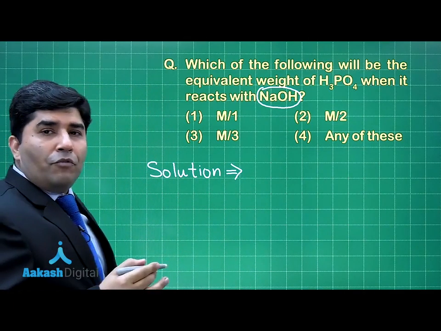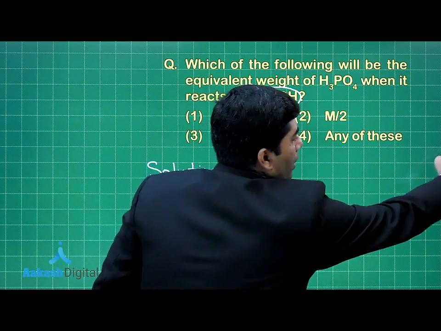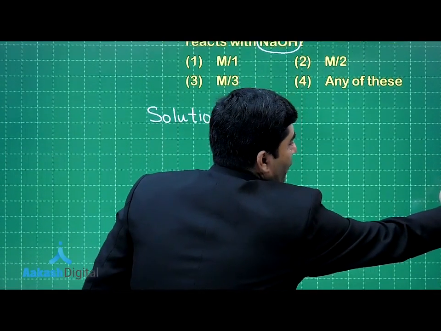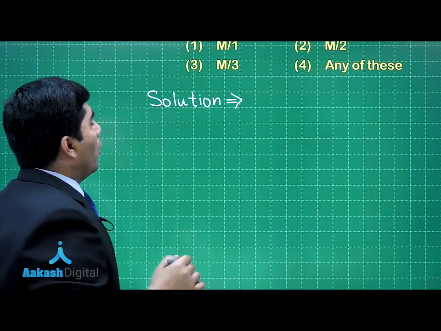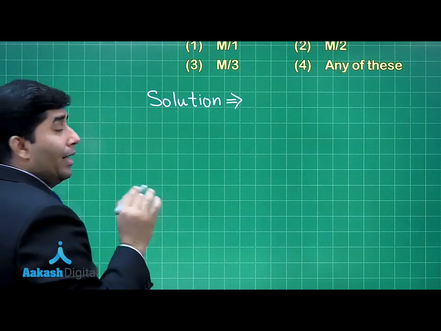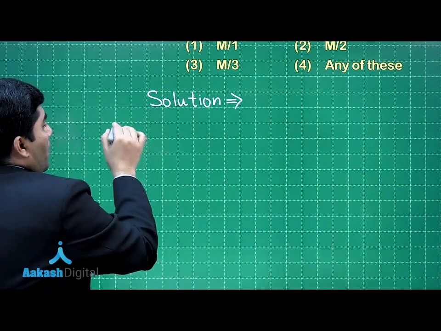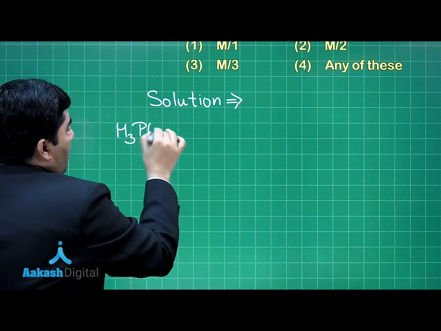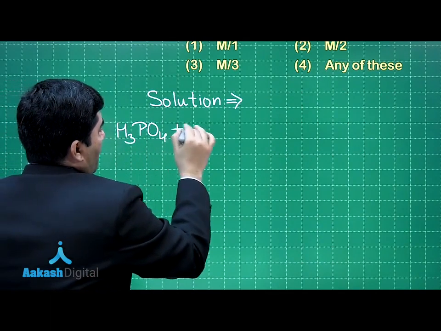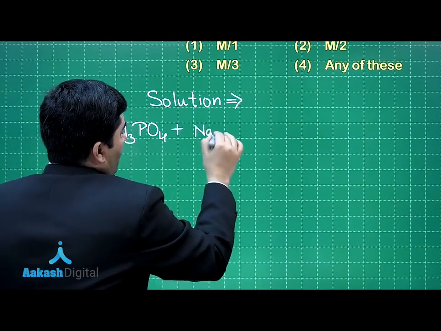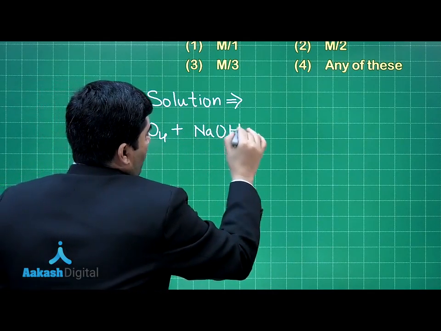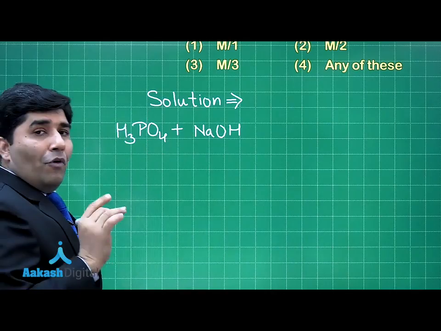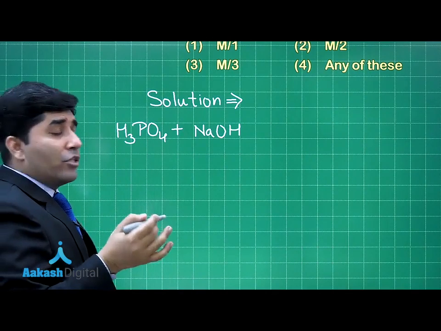Let's take those cases. So the solution of this question will be: now we have to find out the equivalent weight. Therefore, we have to take all the cases. The case number 1 is, in this case 1 mole of NaOH is reacting with H3PO4.